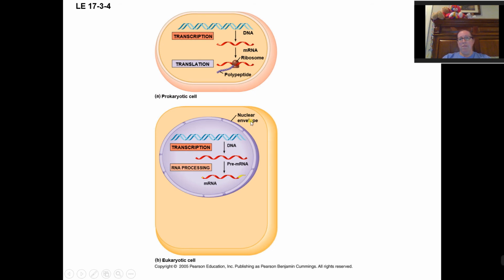And now you have the eukaryote, so you've got your DNA, your transcription, it's going to unzip, you're going to get your pre-messenger RNA, you're going to have some processing, you're going to get a head, a tail, messenger RNA, and then it's going to go outside of the nucleus, find a ribosome, and make a polypeptide chain, right?